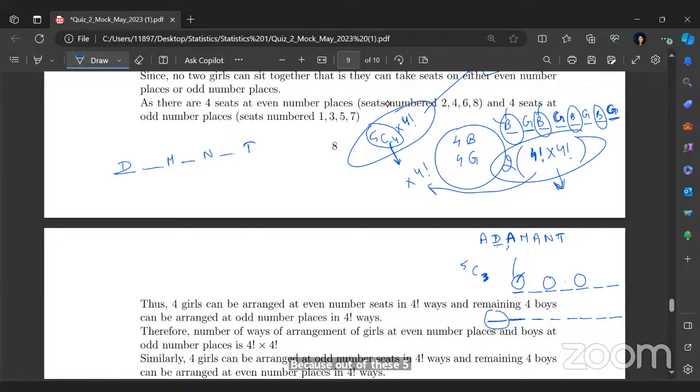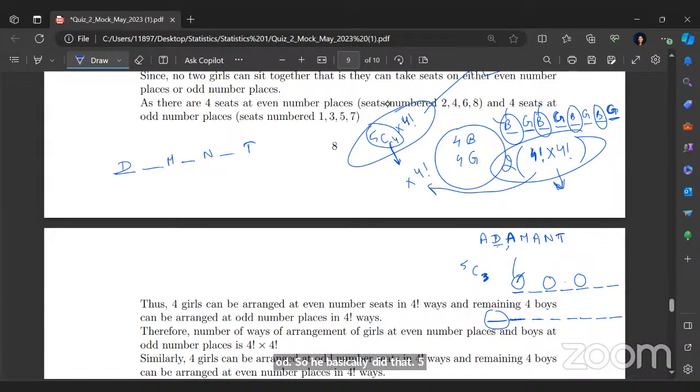So we have to choose three spaces out of these five for A. So there are total 5C3 ways of choosing these three positions out of these five positions for A. Right. Yeah, so sir did 5C3 and then he multiplied it by 4 factorial as these non-A letters are also going to be arranged in 4 factorial ways, like 4P4. Correct. So he basically did 5C3 into 4 factorial.